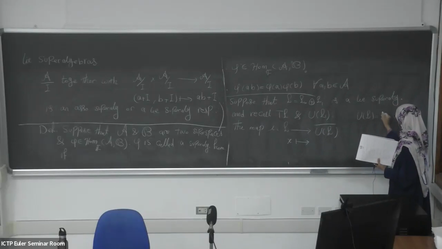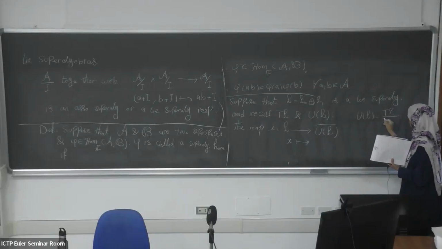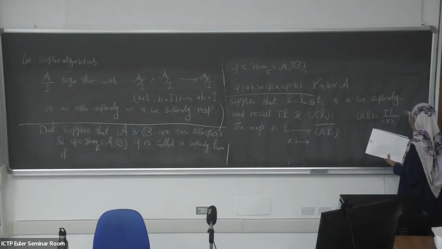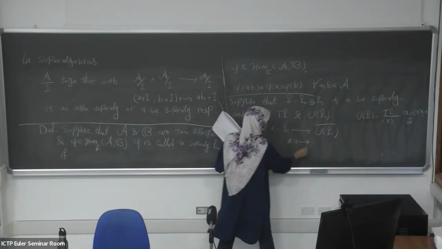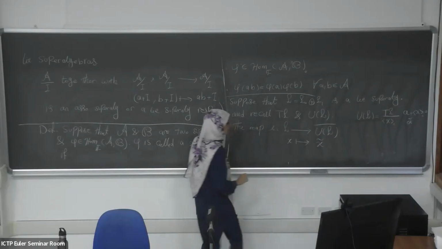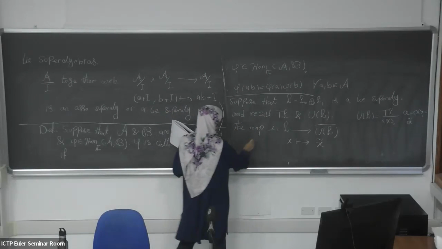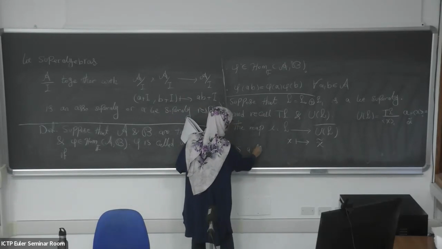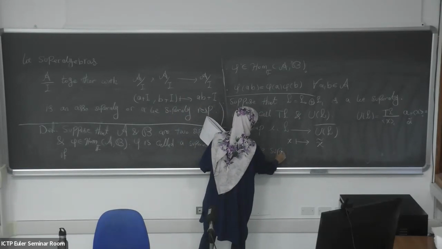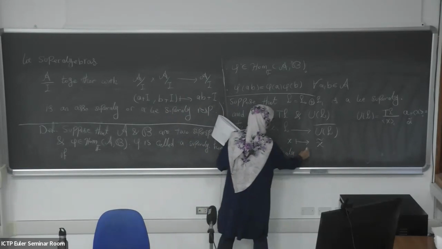UL is TL over the ideal I. For simplicity, I show A plus I just by A tilde. The map iota is a superalgebra homomorphism.